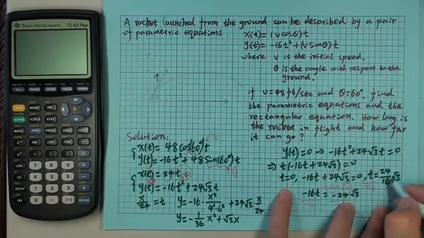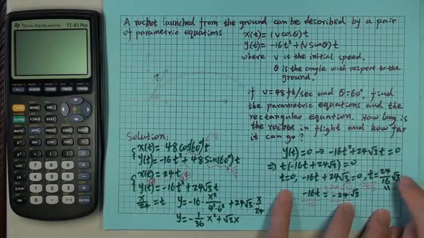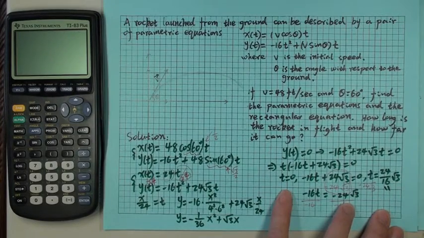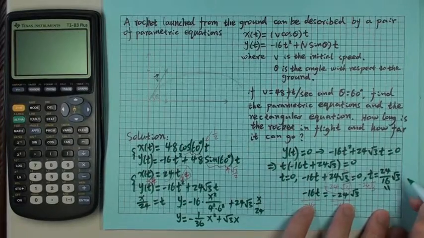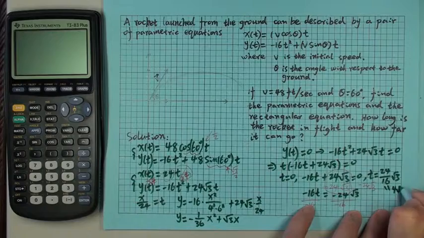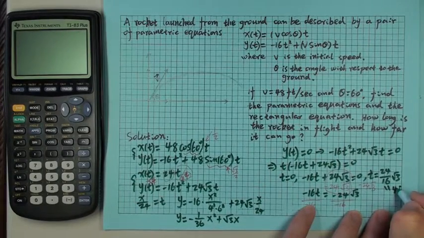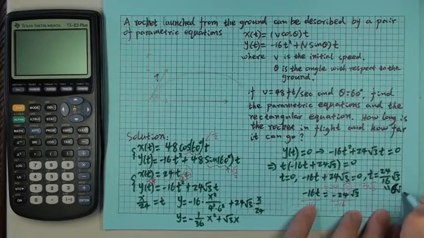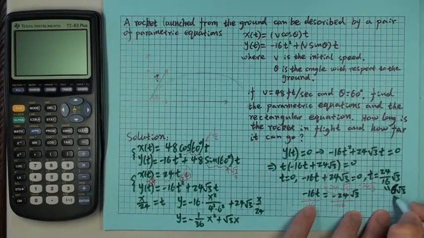Now we can do some cancellations. 4 is a common factor, so upstairs it is 6 radical 3 and downstairs is 4.